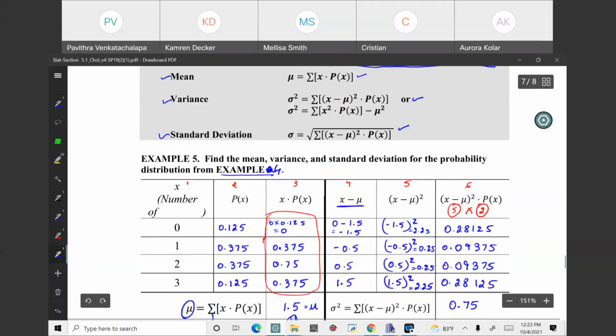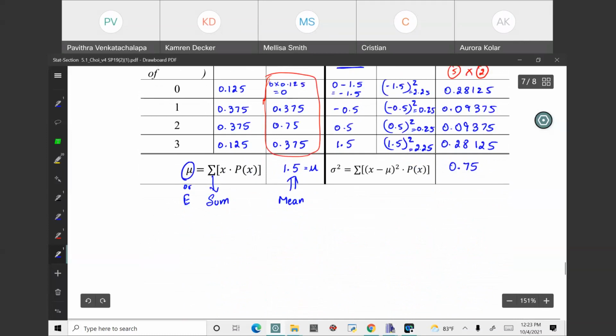So this is the mean, and sigma square is the variance. Okay? Sigma square is the variance.